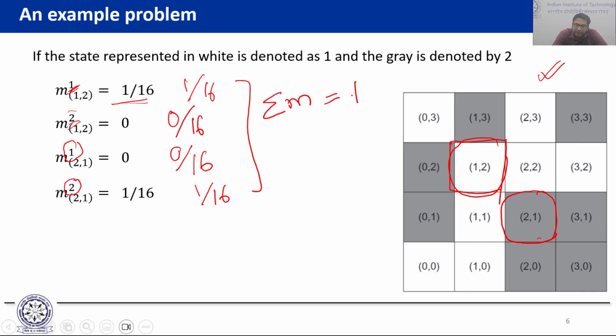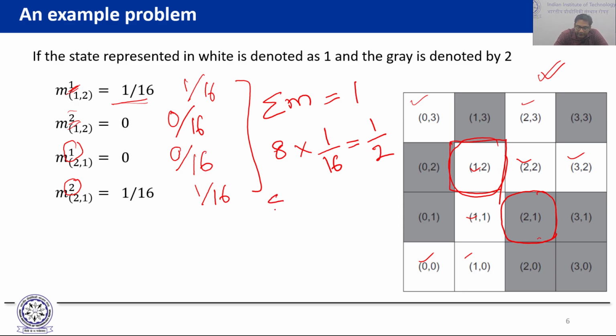So now what we had basically said is the sum of all of this microstructure function is going to give us 1. So if you start computing how many white states you've got: 1, 2, 3, 4, 5, 6, 7 and 8 white states. So that means there will be 8 cells in which the probability distribution is going to come as 1 over 16. So for the white cells, the sum of this probability, or sum of the microstructure function, is going to be half.